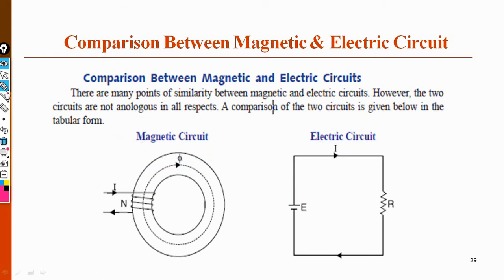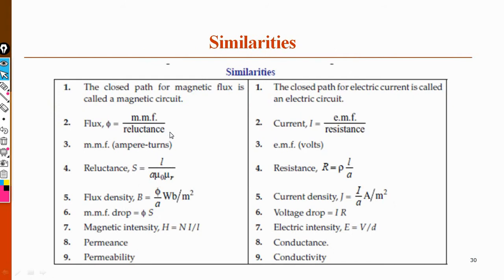Then we also need the exact difference. The closed path of the magnetic flux is called a magnetic circuit. That means magnetic flux is very important in a magnetic circuit. The closed path of the electric current is called an electrical circuit.